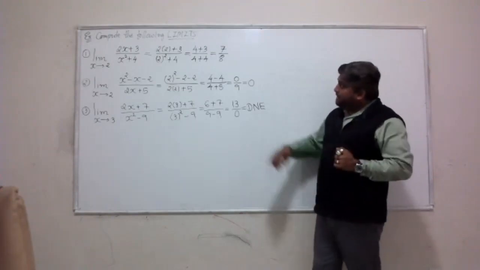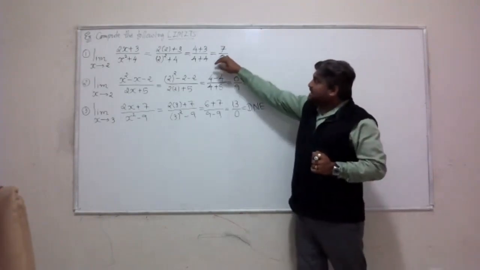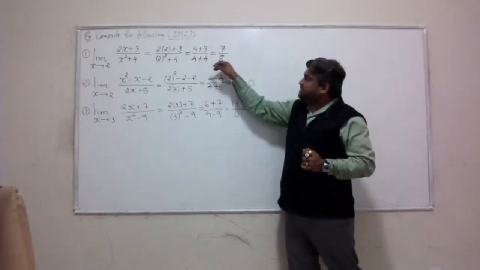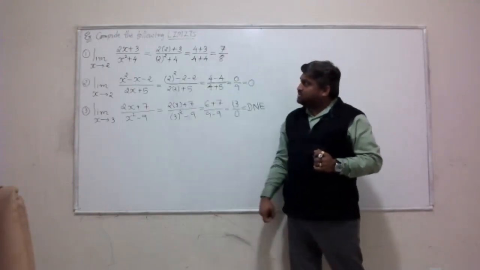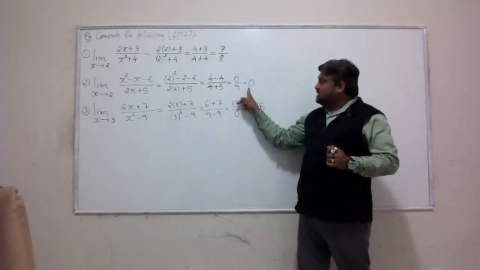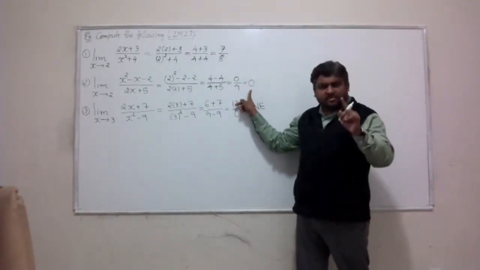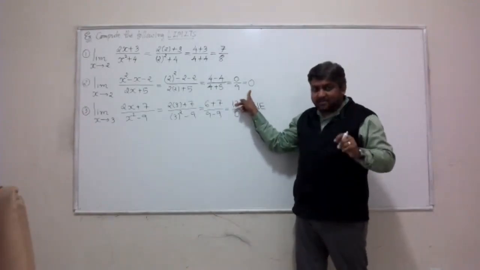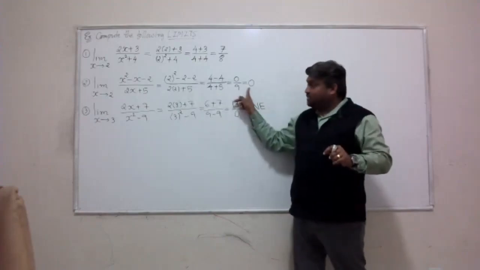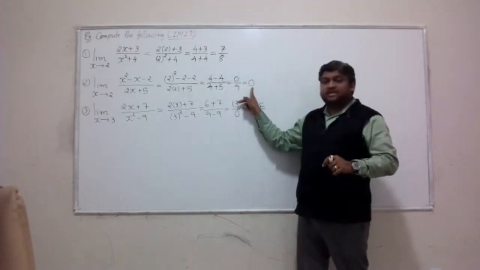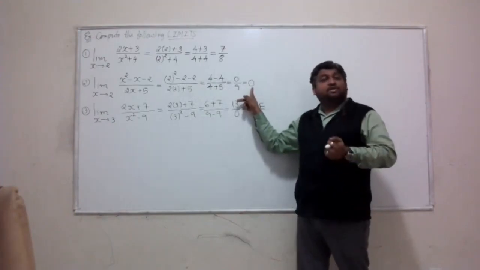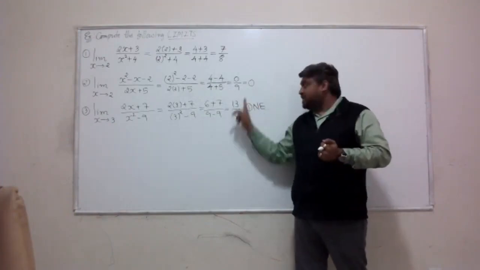Now it should be clear that this case represents a non-zero output for the given function when x approaches 2. This particular case refers to an x-intercept for your function. When x is near 2, this function experiences an x-intercept.